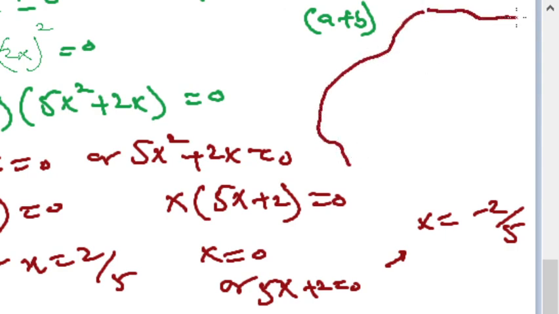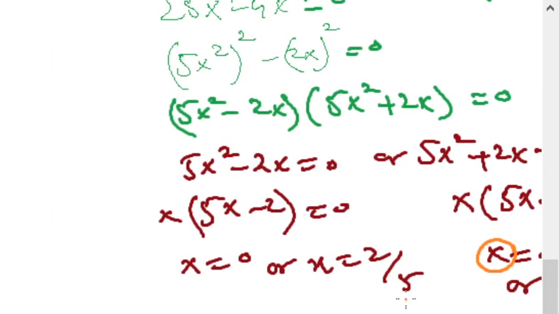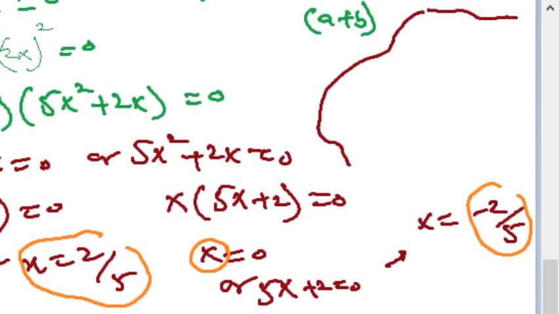We got x equal to 0 here, and we got these values here. So I can say the solution with me is x equals 0 and x equals plus minus 2 over 5. That is the result. I hope these questions will help you in understanding how to solve such equations.